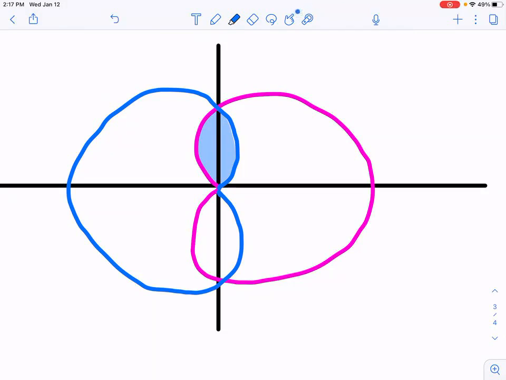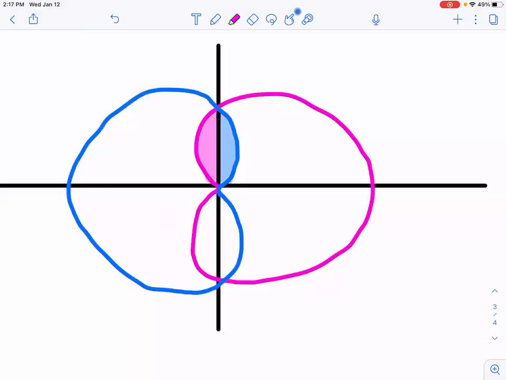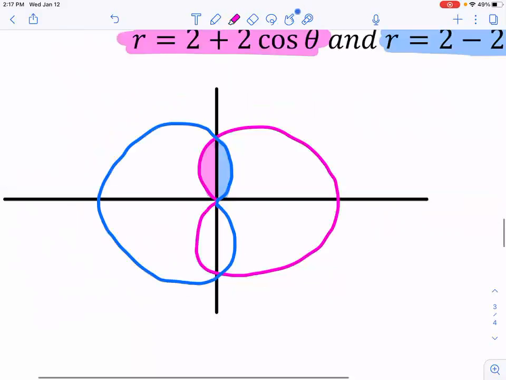Aiden's comment. This blue area is the same as this pink area. Is Aiden correct? The only way that that is happening is because A and B are the same in both of those graphs.